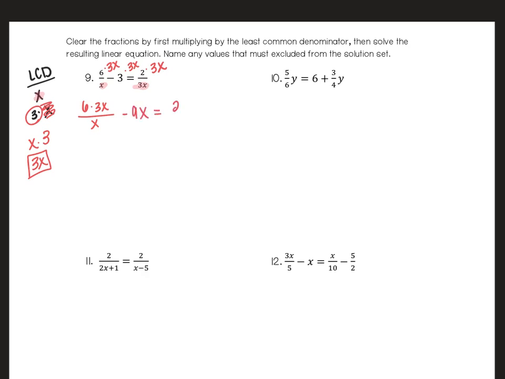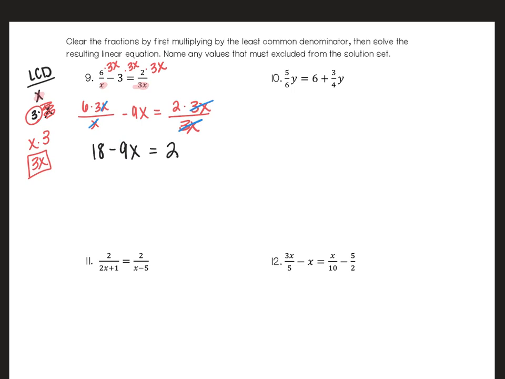And then again, for this last one, I'm not going to combine, just so you can see things canceling out. So then you go through and you cancel out anything you can. So here the x's cancel. Nothing cancels in the second term. And here the 3x cancels. So what I end up with is 6 times 3, which is 18, minus 9x equals 2.